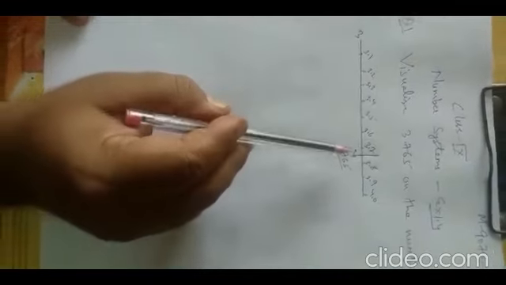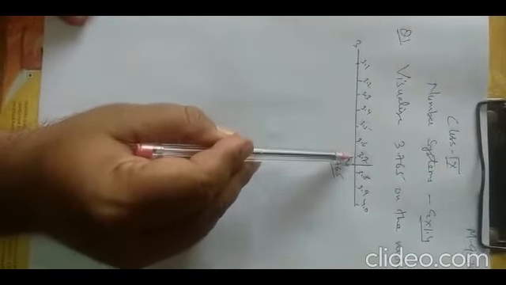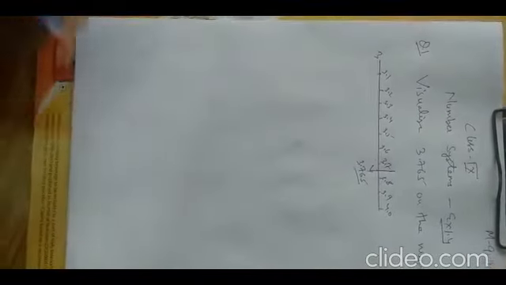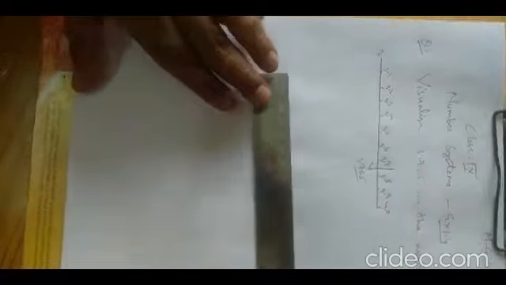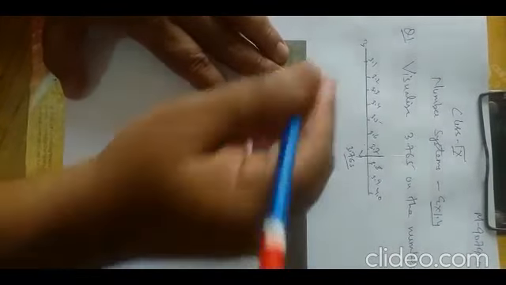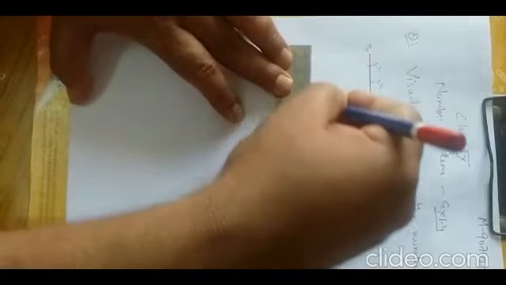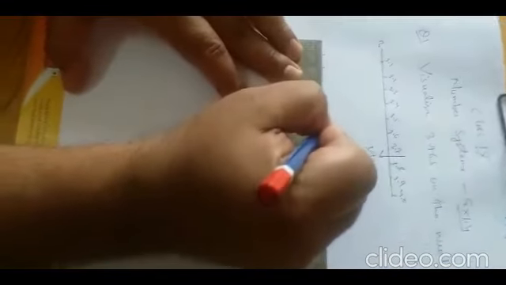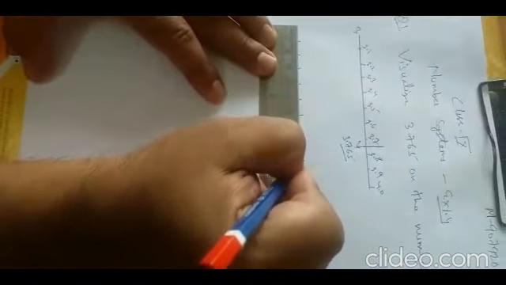Now we draw again a number line between 3.7 and 3.8. We draw a line segment 10 centimeter, starts with 3.7 and end with 3.8 and divide it into 10 parts. See here, 1, 2, 3, 4, 5, 6, 7, 8, 9, 10.